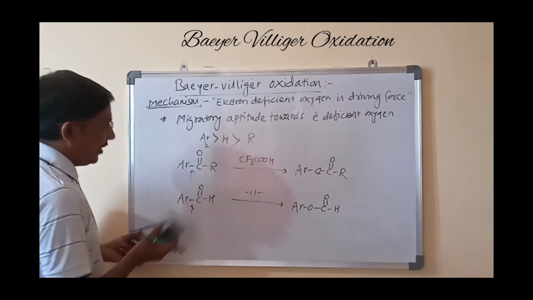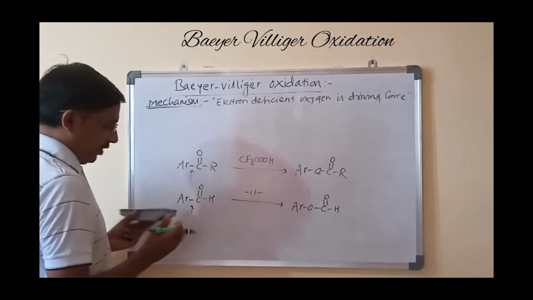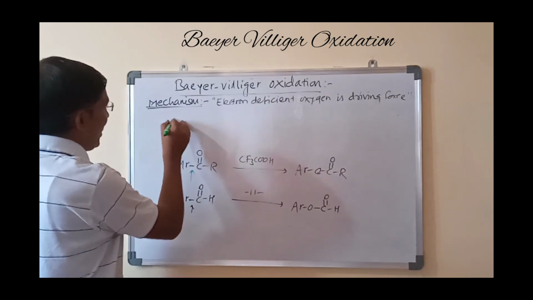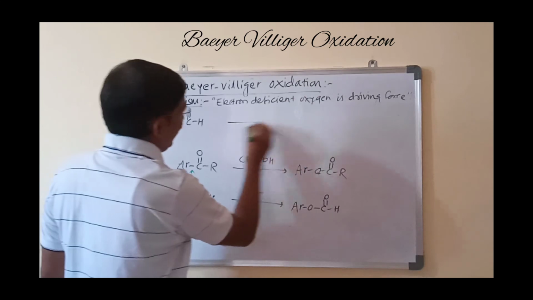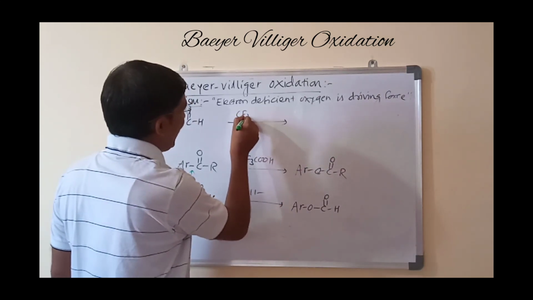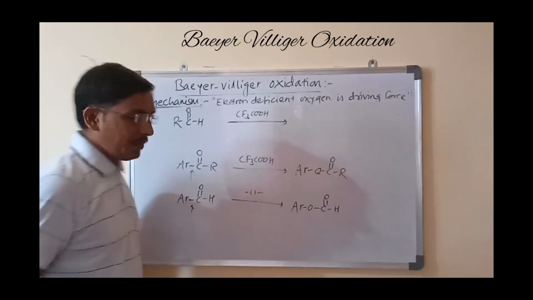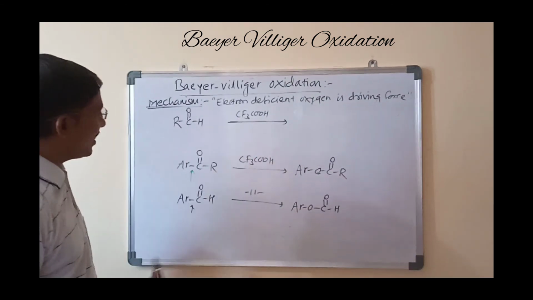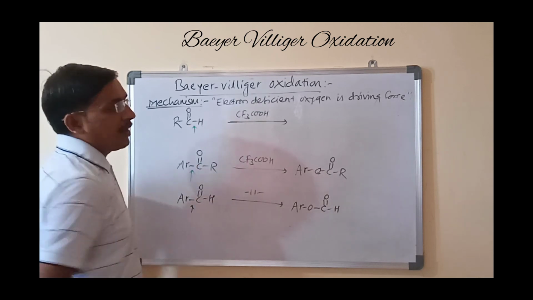And if we take one more example, that is RCHO, then in presence of the per acid, the extra oxygen will be inserted in between the carbonyl carbon and this proton.